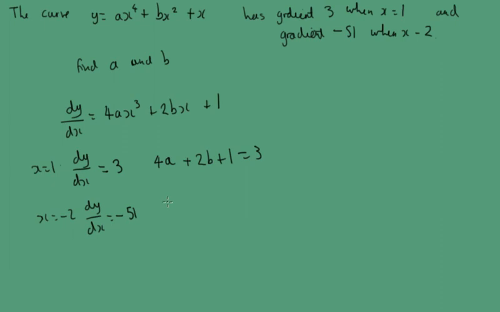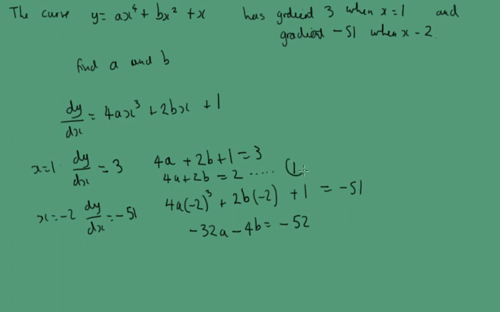So we will have 4a times minus 2 cubed, plus 2b times minus 2, plus 1 equals minus 51, which is minus 32a minus 4b equals, bring that over here, minus 52. Let's rearrange the first one: 4a plus 2b equals 2. So this is going to be equation 1, and this is going to be equation 2.